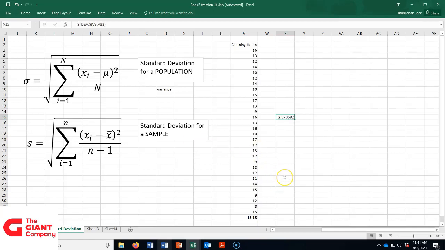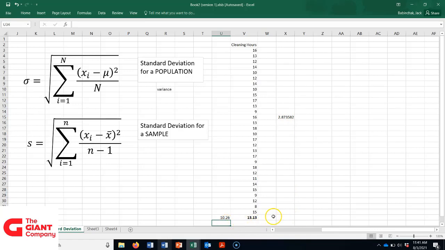And again, there are videos dedicated to this, but just to give you a real quick idea of what information this holds. If I take this number and subtract it from the mean, and add it to the mean. So I'm going to subtract that number from the mean: this minus this equals 10.26.